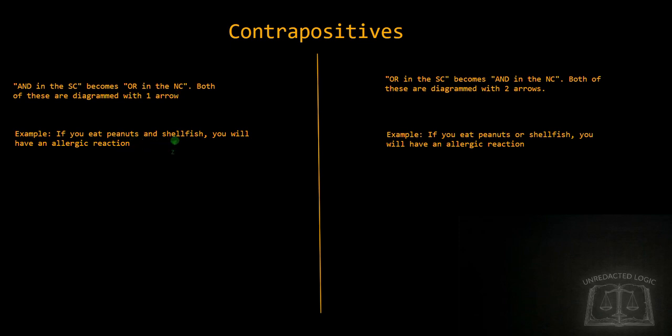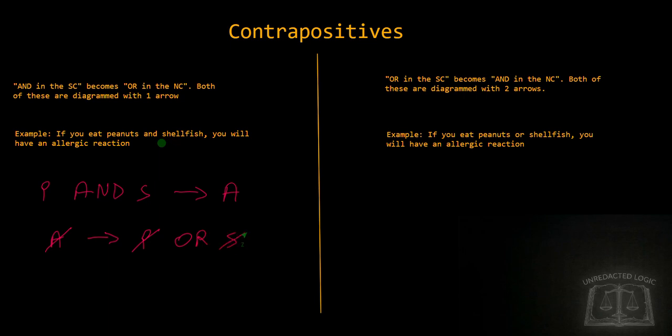If you eat peanuts and shellfish, you will have an allergic reaction. P and S, arrow A. To take the contrapositive, we'll reverse and negate. If you did not have an allergic reaction, then you did not eat peanuts or you did not eat shellfish.